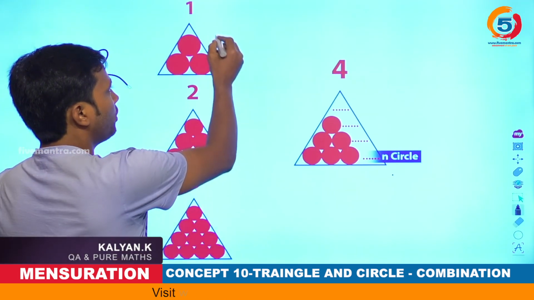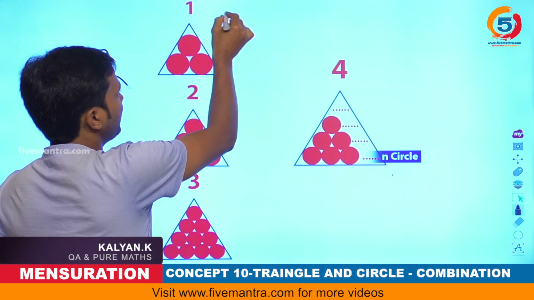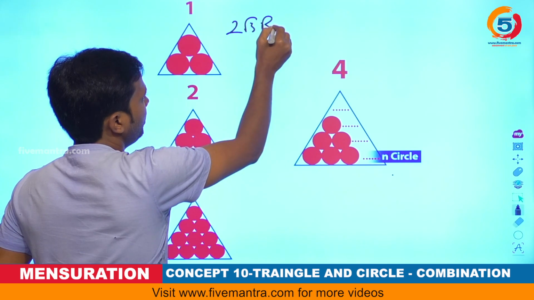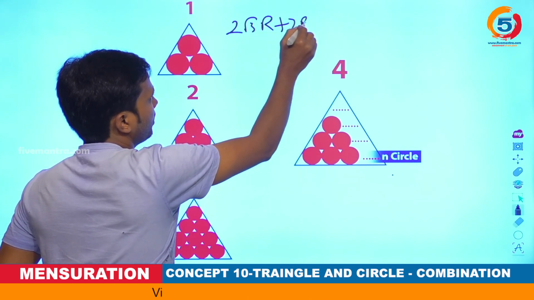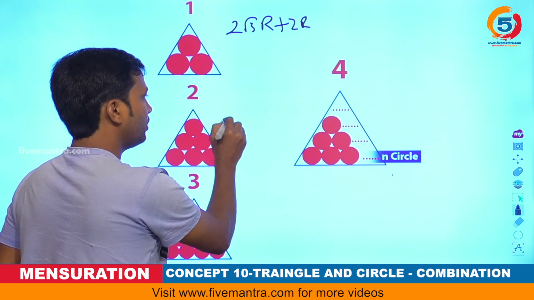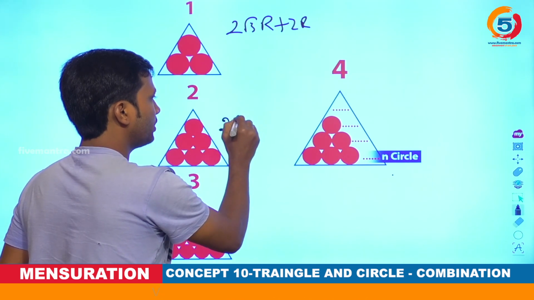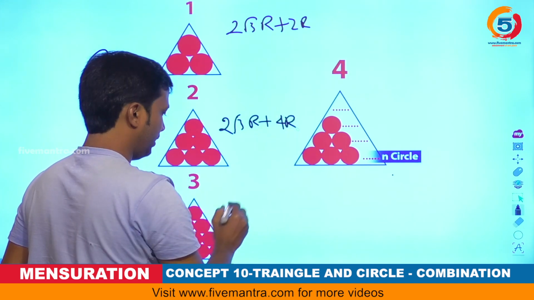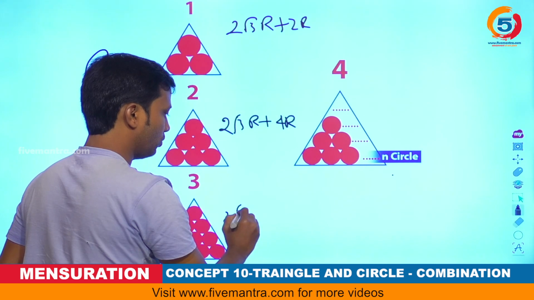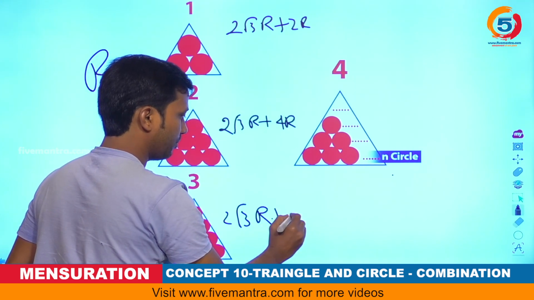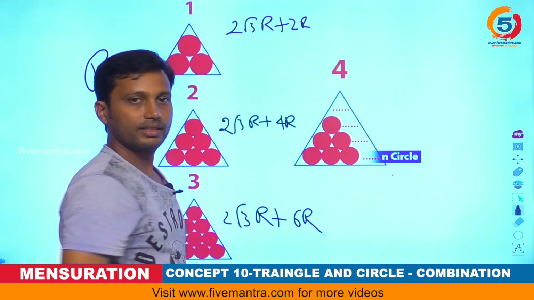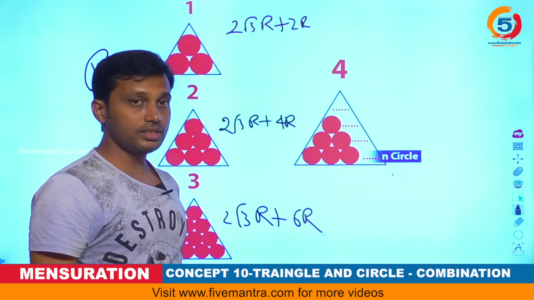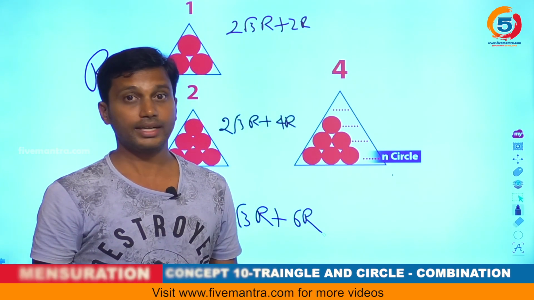And now the length of the side would be 2 root 3 r plus 2 r here, and here we obtained 2 root 3 r plus 4 r, and here we obtained 2 root 3 r plus 6 r. These are the results we got. Now if you observe all those results, you get a pattern. How do we get a pattern? Let us see.